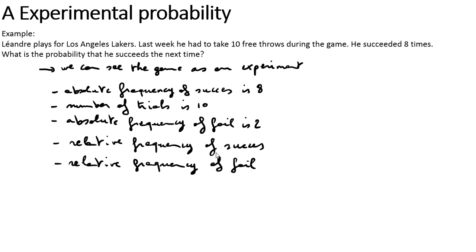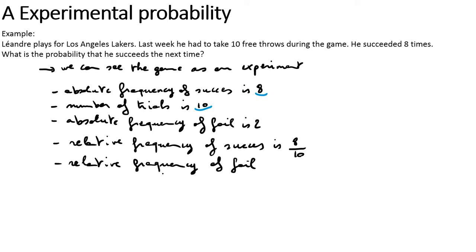The relative frequency of success is the absolute frequency of success, the number of times he succeeded, which is 8, over the total number of trials, the amount of times he tried, 10. So it is 8 over 10.